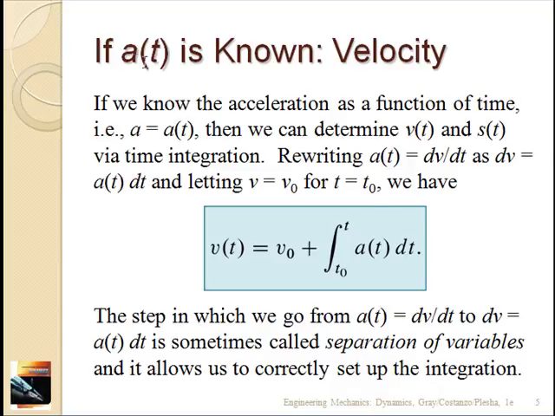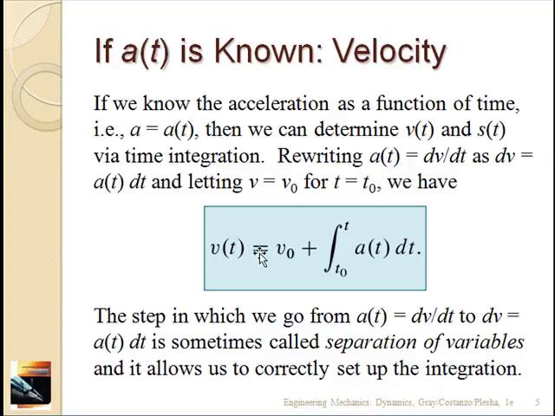Okay, so for example, what if we know a of t? How do we get the velocity? Well, that's pretty simple, right? We know that a is the time derivative of the velocity. So we can write a of t is dv dt. If we know a of t, then we just have to integrate this to get v, right? So if we take dv dt equals a of t, we can multiply through by dt in a sense, and we write dv is a of t dt.